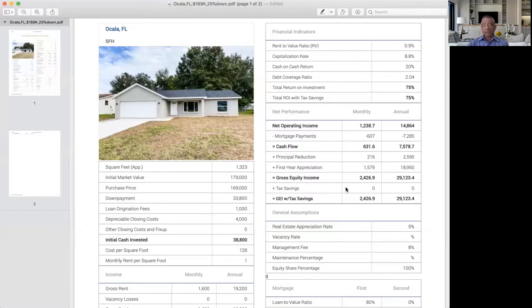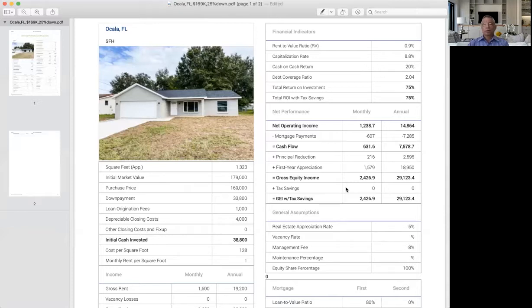And of course, lastly, total ROI, total return on investment, this is a very important metric. The total return on investment is, at the end of the first year, your total net annual cash flow plus your principal reduction benefit plus your projected appreciation rate at the end of the first year.